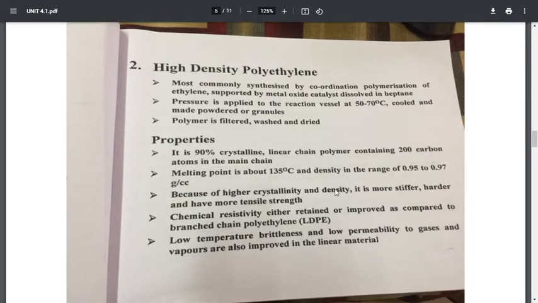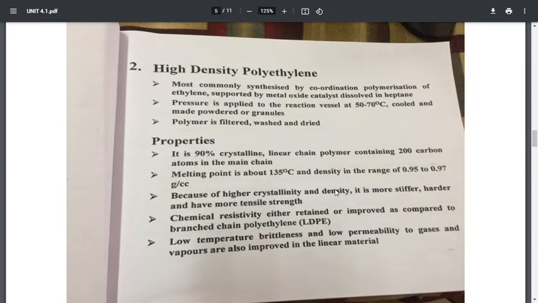High density polyethylene. Now we shift our attention to HDPE. It is most commonly synthesized by coordination polymerization of ethylene, supported by metal oxide catalyst dissolved in heptane. So, what is coordination polymerization?